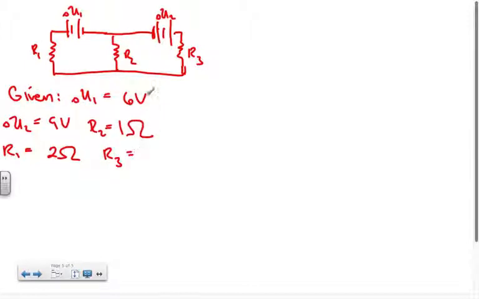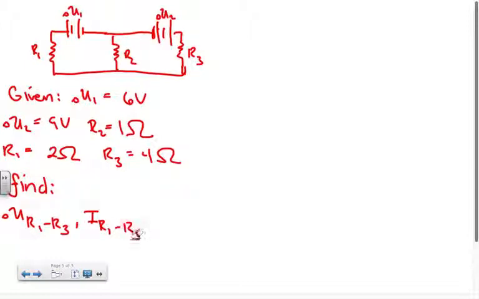R3 is equal to 4 ohms. Then I want to find a couple things. I want to find the current, the potential difference at each resistor, the current at each resistor, and the power at each resistor.